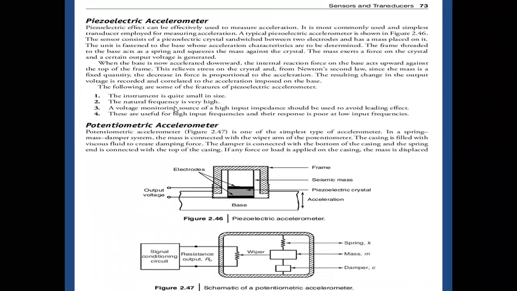And the next one is the piezo accelerometer. The piezoelectric effect can be effectively used to measure acceleration. Here we have some kind of crystal. Suppose I have a material here which is made up of a crystal. The crystal is nothing but the piezoelectric crystal itself.